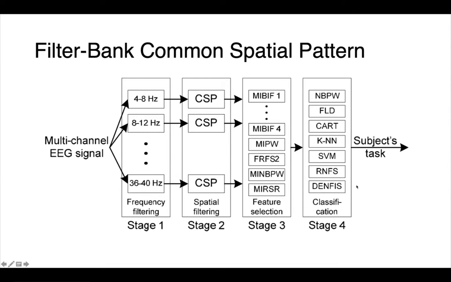And they use different classifiers probably because it's hard to justify in advance which classifier is the best for these EEG classification. So probably because of that they include many different kinds of classifiers and then integrate the prediction of each classifier. So this is like an ensemble approach to do this.